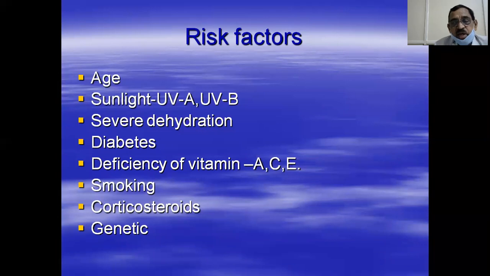So deficiency of vitamin A, C, E, and smoking, the cyanide which is present in smoking, it causes the cataract formation. Corticosteroids are known to cause cataract. And genetically, there are certain cataracts which are inherited.